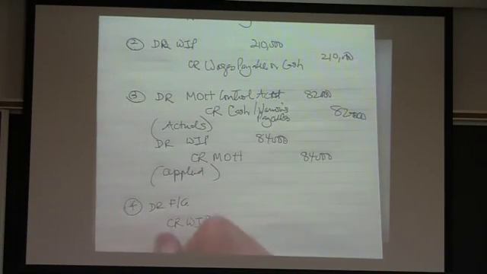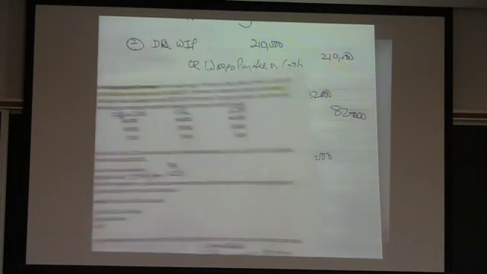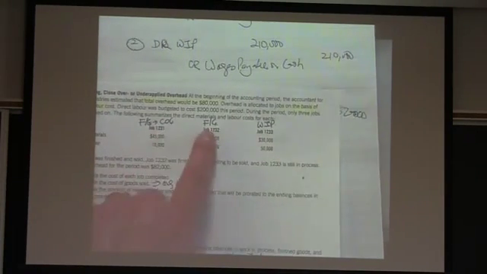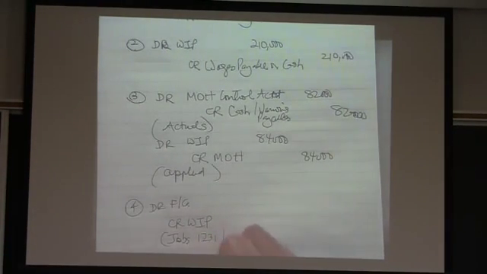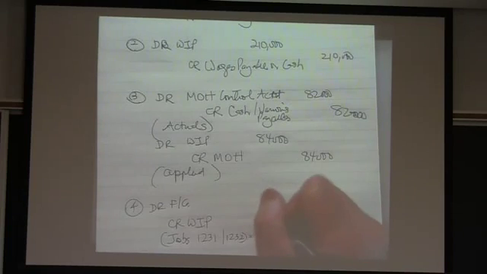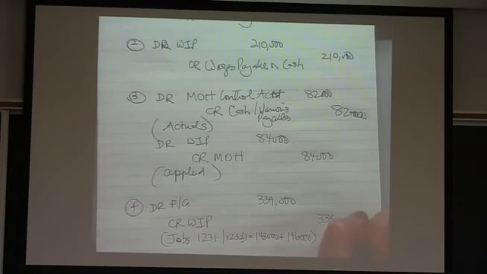So let's do it in 2 steps. And this would be for jobs 1231 and 1232, and that would be the sum of both of them, which is 143 and 196. So this is debit 339 and credit 339.